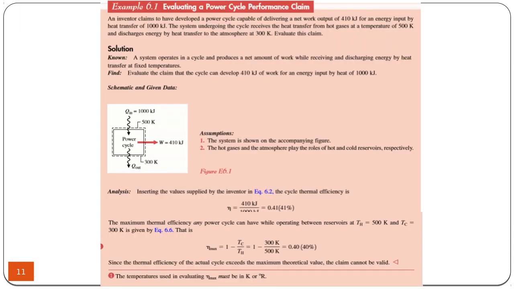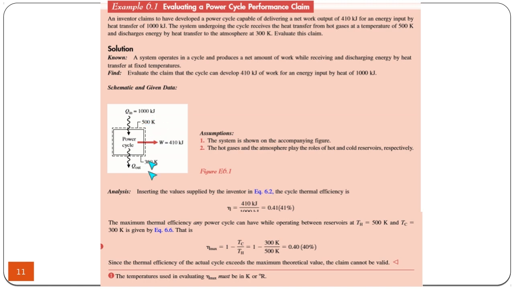Okay, let's take a look at this example. It's an example of a heat engine. One inventor says that he has a heat engine that can produce 410 kilojoules with the addition of 1000 kilojoules, and the reservoirs are at 500 kelvins versus 300 kelvins.